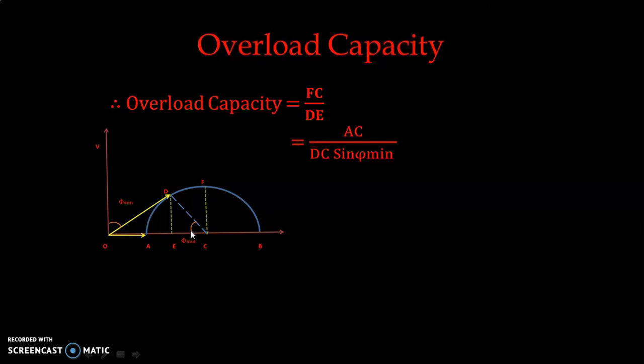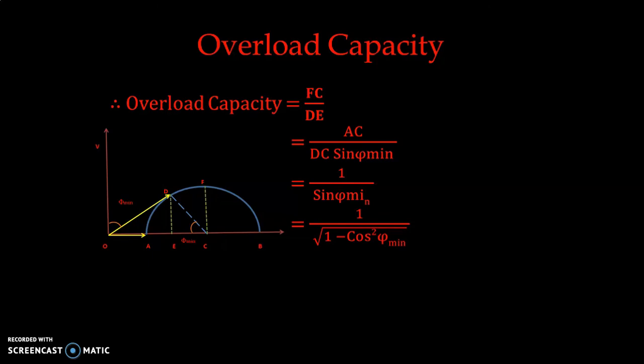So it is DC sine phi minimum. Phi minimum is our angle and sine of this angle gives the DE line. DC is also a radius of the circle diagram. So AC and DC cancel each other. Then ultimately overload capacity is equal to 1 upon sine phi minimum.